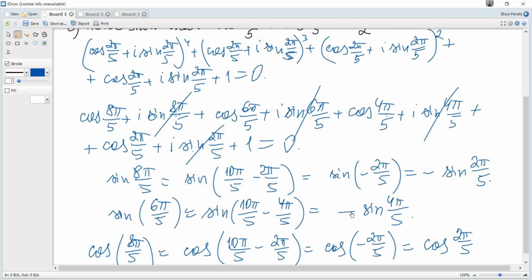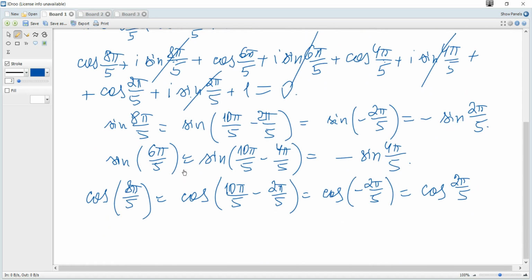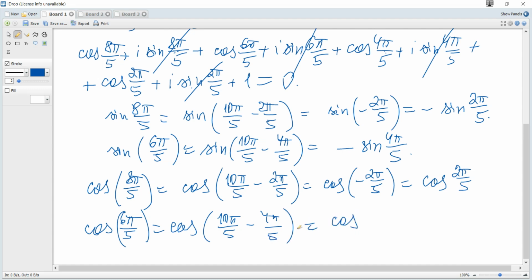Then there is cosine of 6 pi over 5, it's cosine of 10 pi over 5 minus 4 pi over 5. It's cosine of negative 4 pi over 5, so it's just cosine of 4 pi over 5.